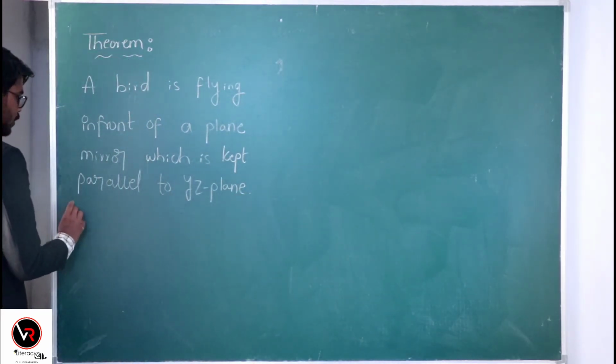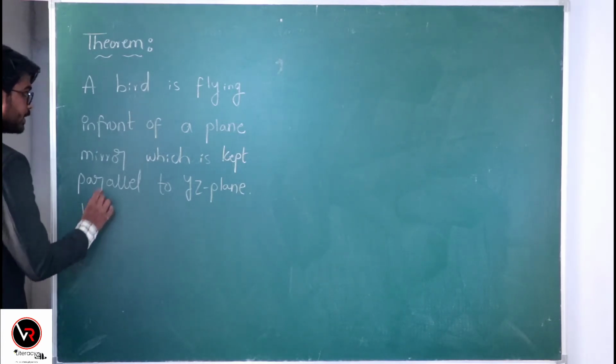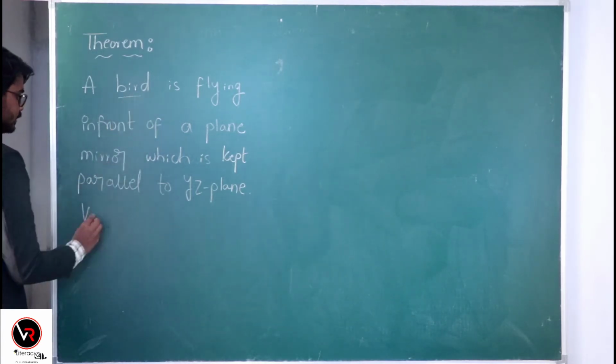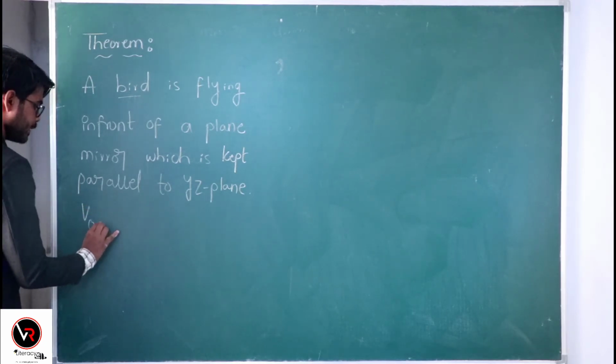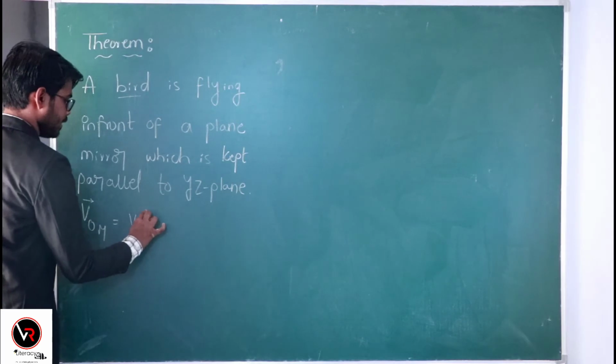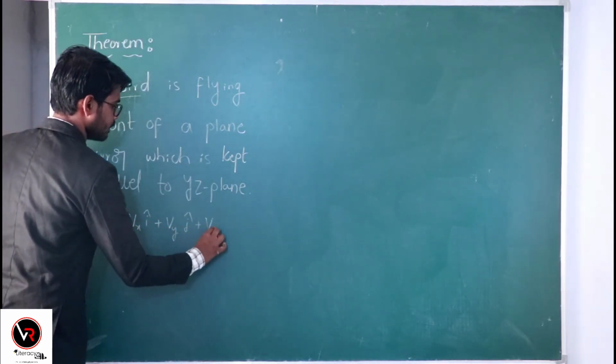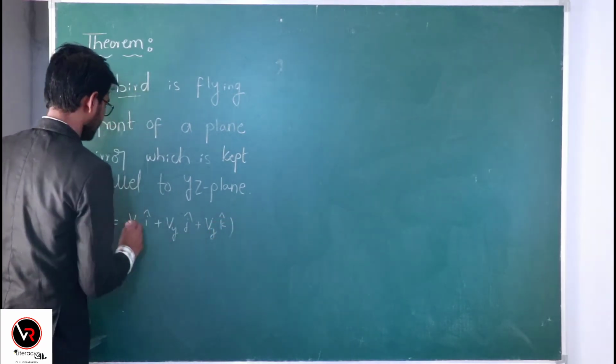The velocity of the object, that is, the bird is the object here, with respect to the mirror is equal to Vx i cap plus Vy j cap plus Vz k cap.